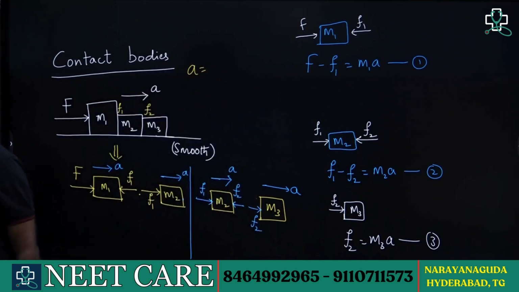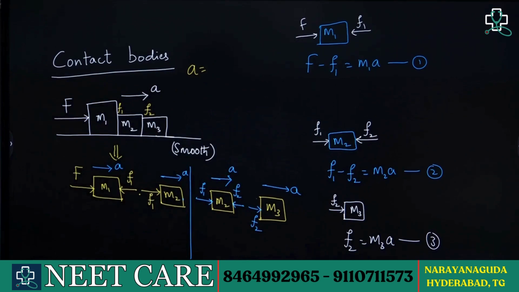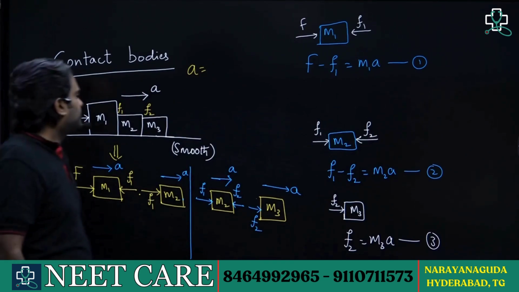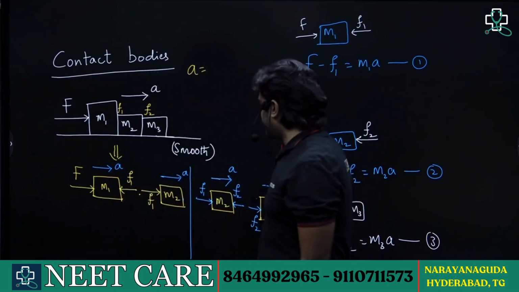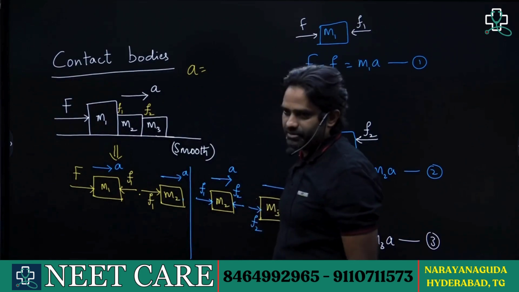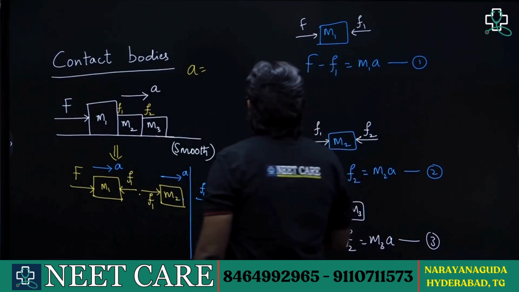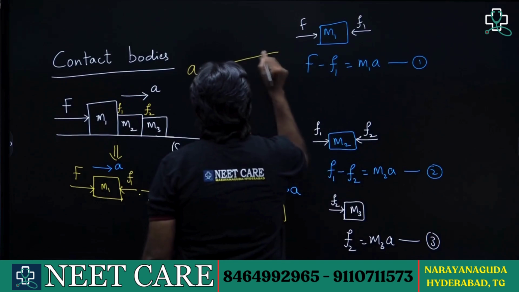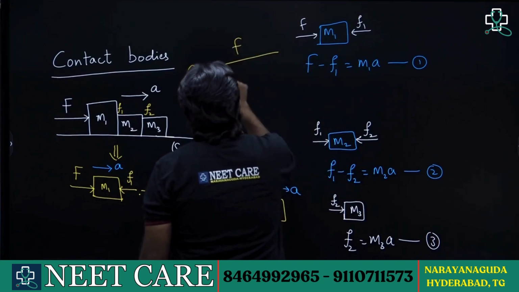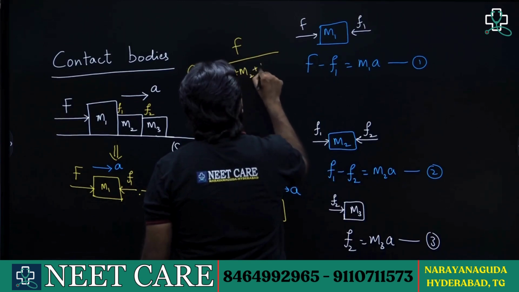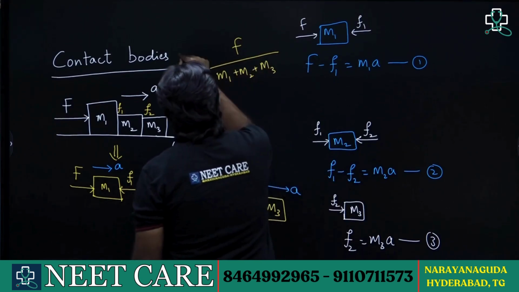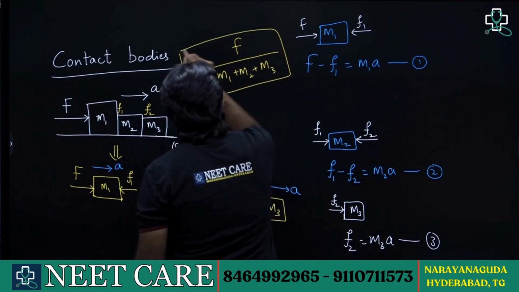Since the surface is smooth here, M1, M2, M3 are kept on a smooth surface, therefore no opposition, no frictional force. And net contact force between M1, M2 is always 0, and between M2, M3 is always 0. Therefore acceleration is always written as net force by total mass. That is F by M1 plus M2 plus M3. Standard formula.